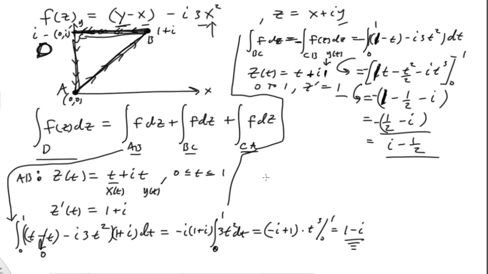All right, so that's that computation. And then finally, the final computation is going to be the same thing. We're going to start down at the origin and go up and then take the negative. So now the integral over AC of f of z dz is going to be the integral from 0 to 1.